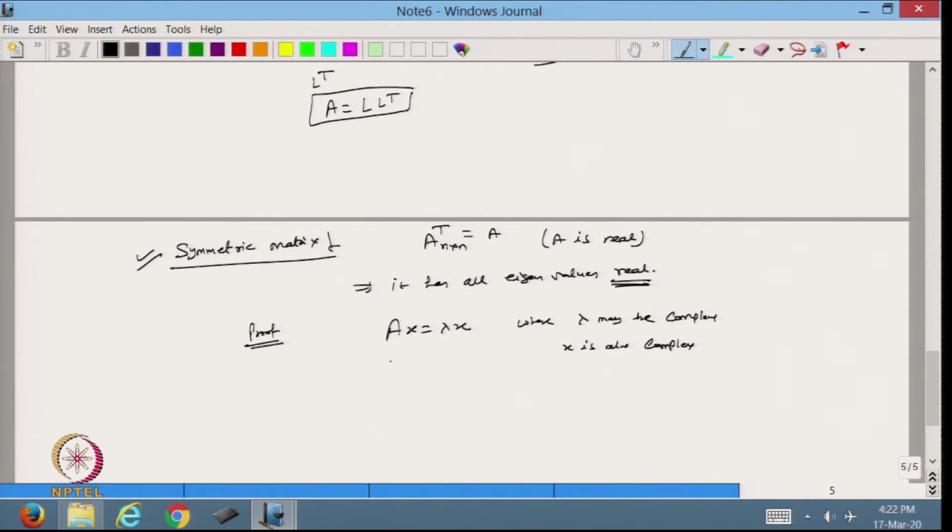Now, what I do is that I take the conjugate. This is equation number 1. Apply conjugate and then transpose.